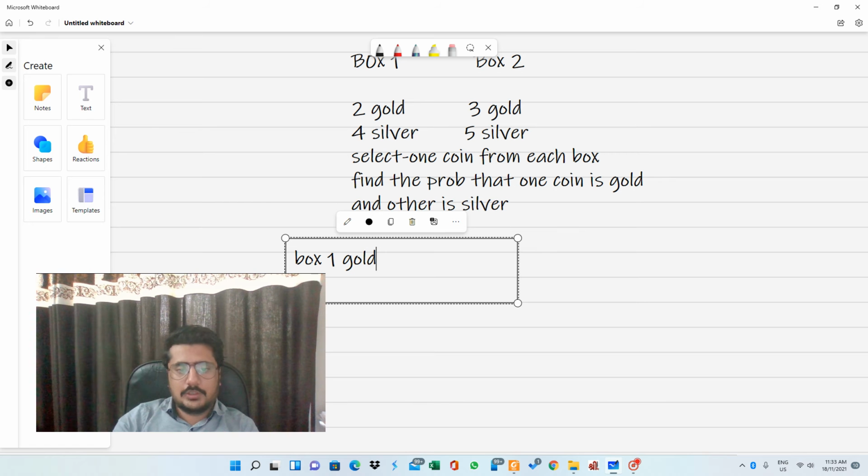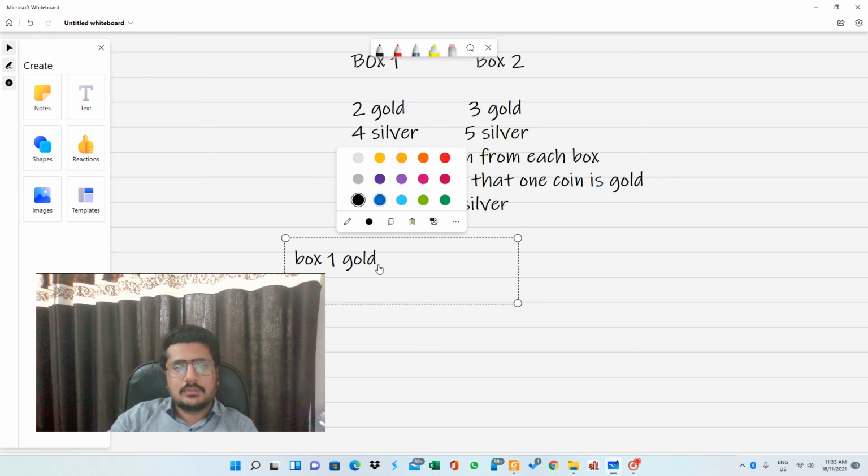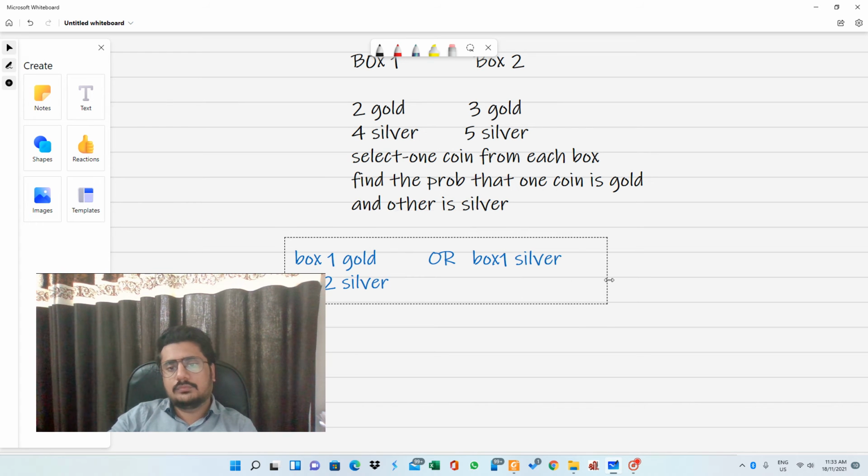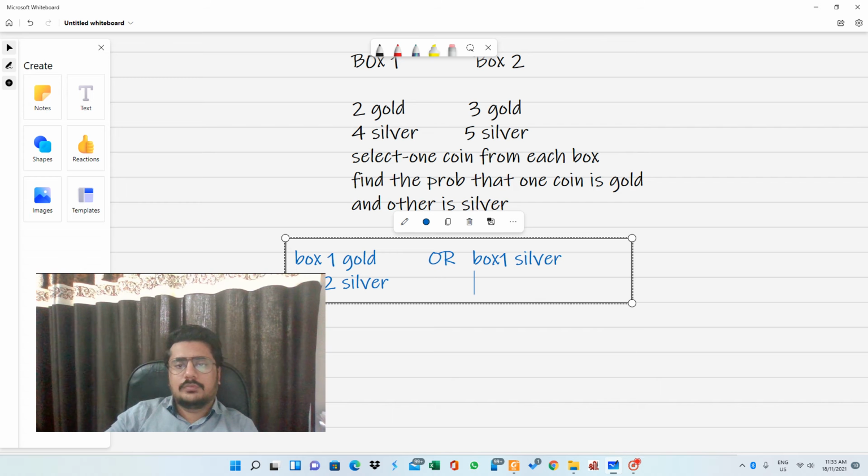From box 1 you can select gold and from box 2 you can select silver, or from box 1 you can select silver and from box 2 you can select gold.